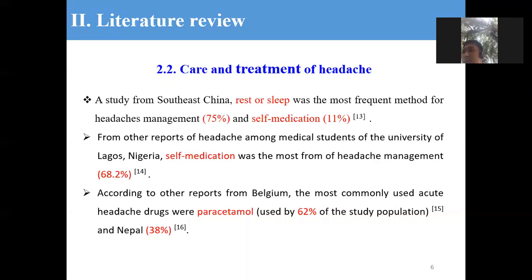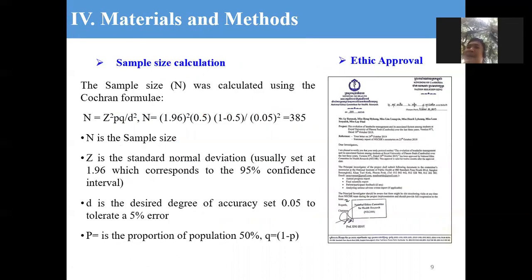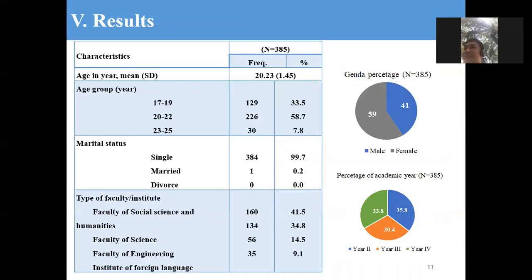In my study I worked on 3 years: 2017, 2018, and 2019. In 2017 it showed that 61.3% of students had headache. In 2018 it was 92%. And in 2019, 74.8%.